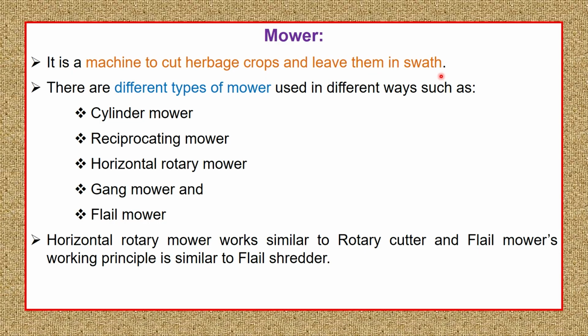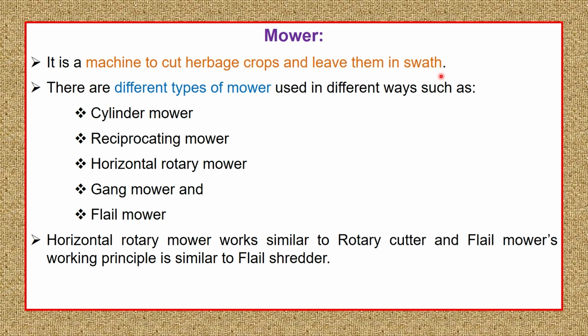So there are different types of mowers available commercially. They are namely the cylinder mower, the reciprocating type of mower, the horizontal rotary mower, the gang mower, and the flail mower. Out of these, the horizontal rotary mower and the flail mower both work similarly to what we discussed in the previous slide, like the rotary cutter and flail shredder.